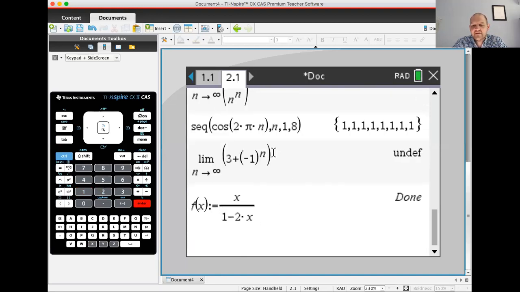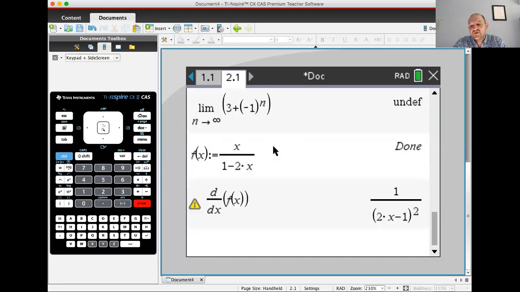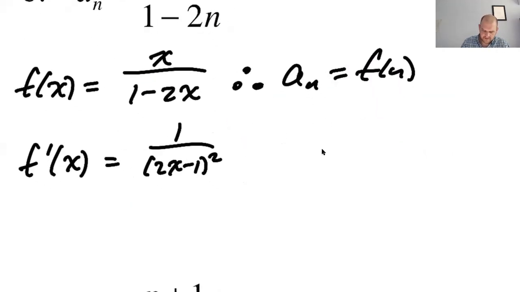And then I'm going to take the derivative, for which you should use the template. You can see this derivative is always positive, but the function itself is not going to be continuous. So f prime of x is 1 over 2x minus 1 squared. Why am I so surprised by how nice f prime is? I don't really know. Because we have to clean up and make sure we're doing good work, that's really the stumbling block.